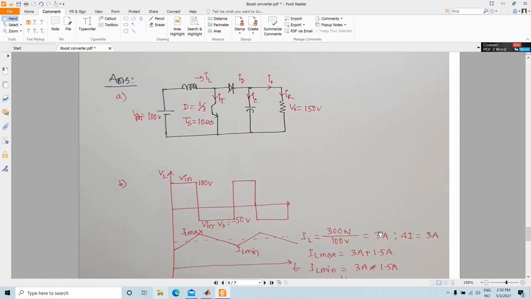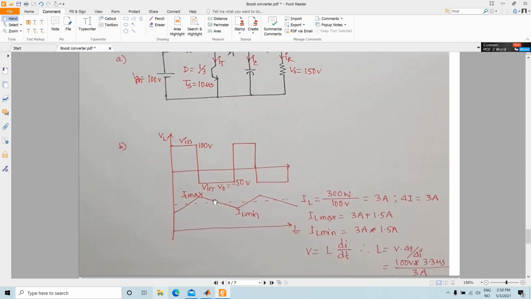So this is the DC component of your inductor current, and as it said, the ripple of the inductor current is basically 100% of this value. So delta I is 3 amp, that means the peak-to-peak value is 3 amp. So IL max is 3 amp plus 1.5 amp, and IL min is 3 amp minus 1.5 amp. You can also calculate it from the slope.